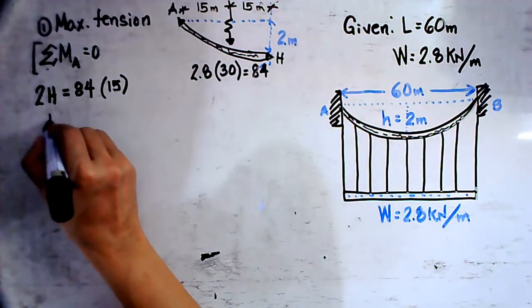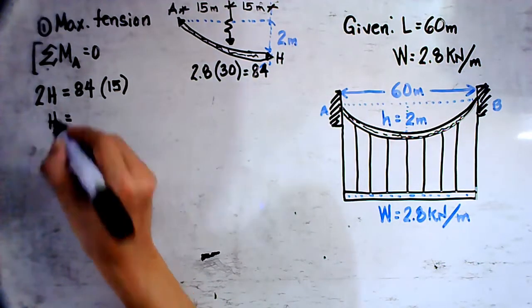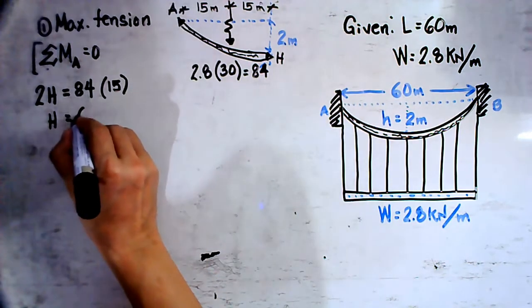So that would give us a value for H, which is equal to 630.